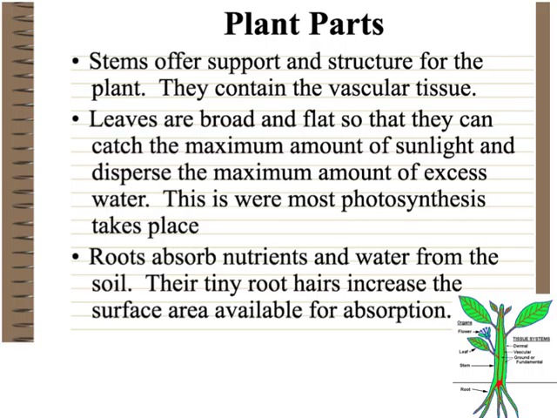Okay, so plant parts, you have stems, you have leaves, and you have roots, and these are all organs. So stems are the part of the plant that are supposed to support the plant, give it structure, but also to lift these leaves up as close as possible to sunlight. Okay, that's the point of stems.